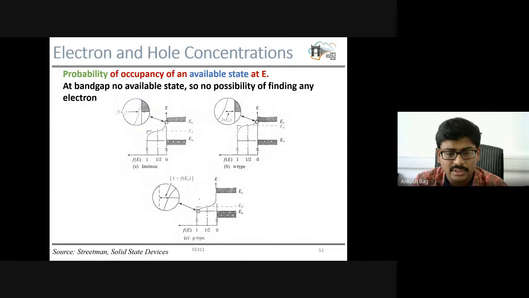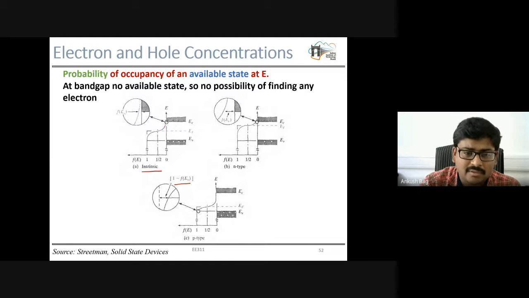So how your 1 minus Fe is deciding this. Again, you can see this is an intrinsic semiconductor. In case of intrinsic semiconductor, the penetration of Fermi-Dirac distribution above the conduction band and below the valence band is almost the same, because your EF is equal to EI. But in case of N type, you can see your Fermi-Dirac function shifted up, that means closer to your conduction band.